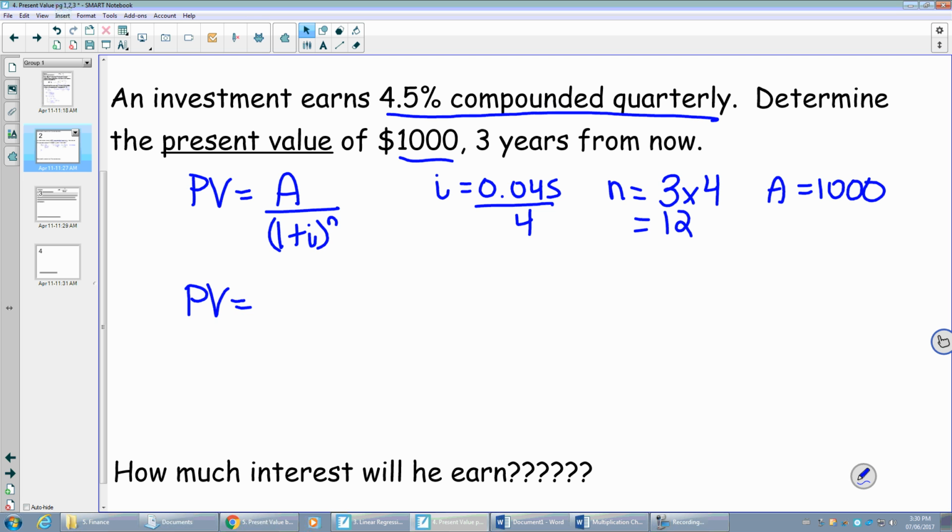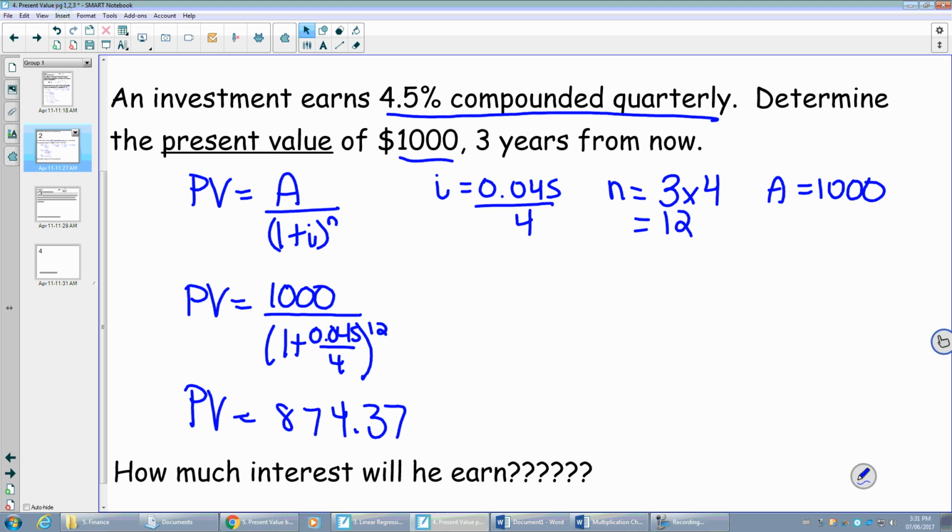So I have PV is equal to 1,000 divided by (1 plus 0.045 divided by 4) to the exponent of 12. And please practice putting that into your calculator. And hopefully you got that your present value is $874.37.